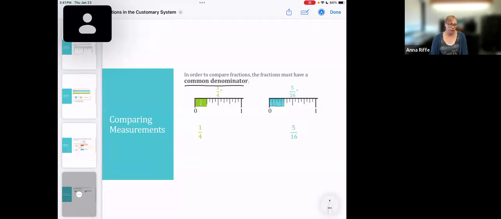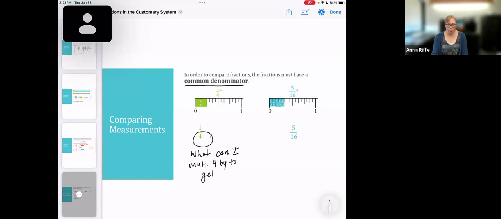So let's focus on the smaller denominator. The smaller denominator is 4, and let's ask, what can I multiply 4 by to get 16?